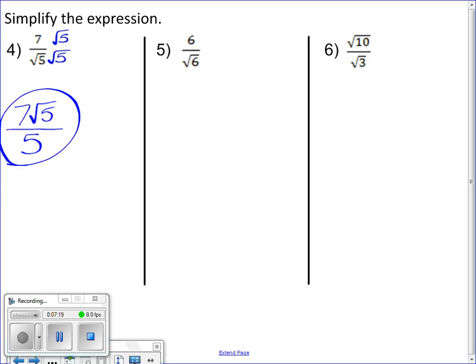All right, number 5. 6 over radical 6. Can I simplify the radical 6? Factor tree on the radical 6, what do you get? 3 and 2. Any pairs? No. So factor tree is not going to help me find any pairs. But I can't leave the radical down there. So what do we do? Good. Multiply top and bottom by radical 6.